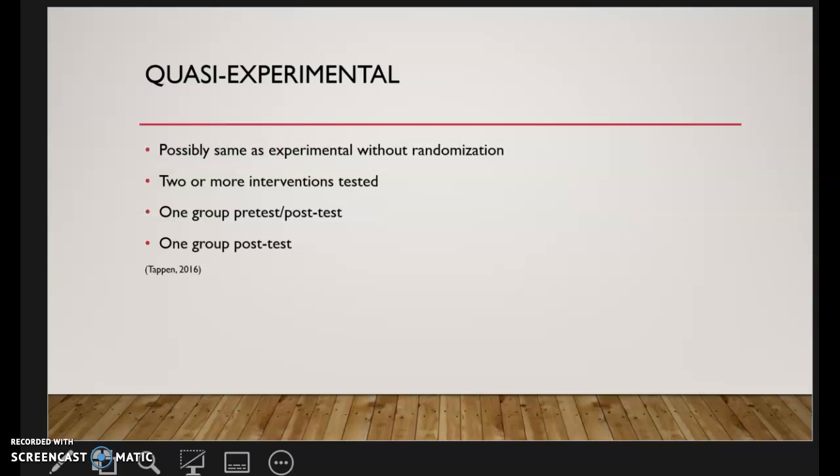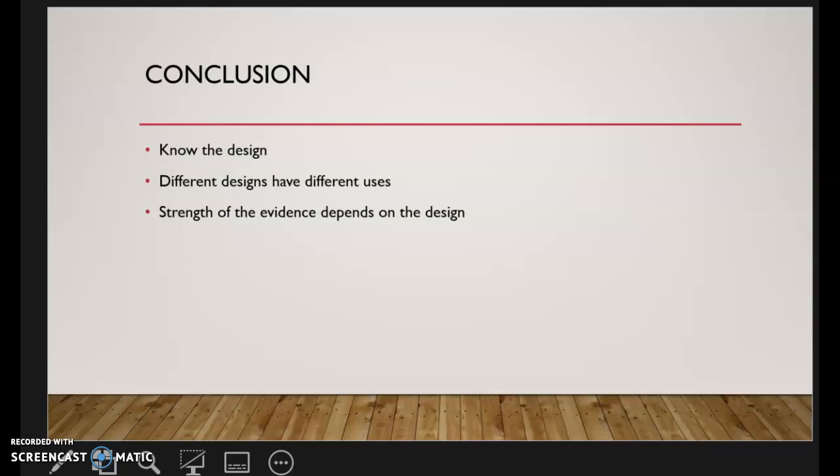Therefore, it isn't a cause and effect, or we can't determine that. There may only be one group, not a control group. There may be one group that only has a post-test, so there's no comparison factor. So all of those things are considerations.